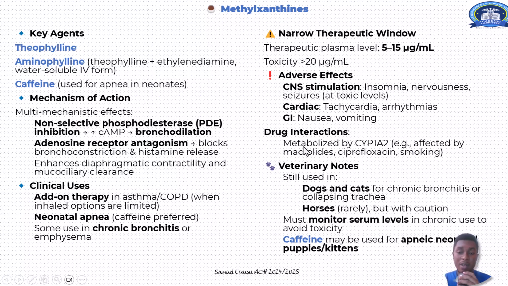They are metabolized in the liver by liver enzymes, and so they are mostly affected by macrolides and ciprofloxacin. So you never give them together with these agents, because they will interact. In vets, they are still used in dogs and cats for chronic bronchitis, and in horses, but you have to use them with caution. Caffeine, like we said, is used in apneic neonatal puppies or kittens.